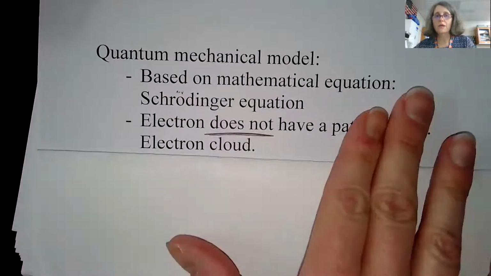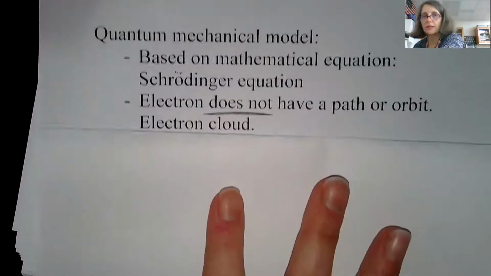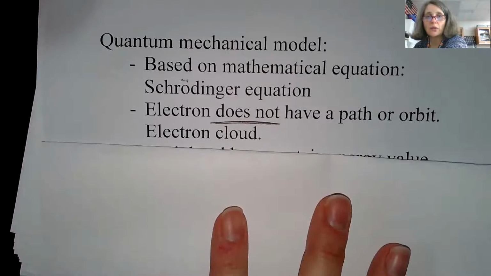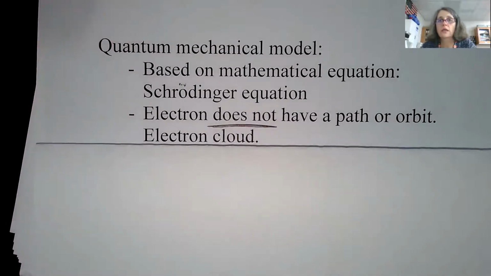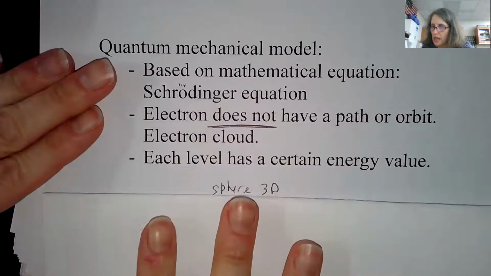So electrons do not have paths or orbits, so that is where Bohr's model is incorrect. We now believe the electron to be in what we call electron clouds. And all I want you to imagine with that is a three-dimensional space around the nucleus. So again, they are not orbiting like Bohr thought, they are actually in a space around the nucleus.